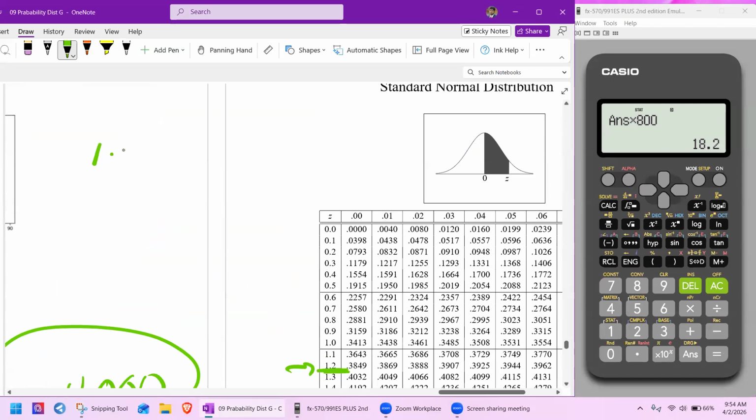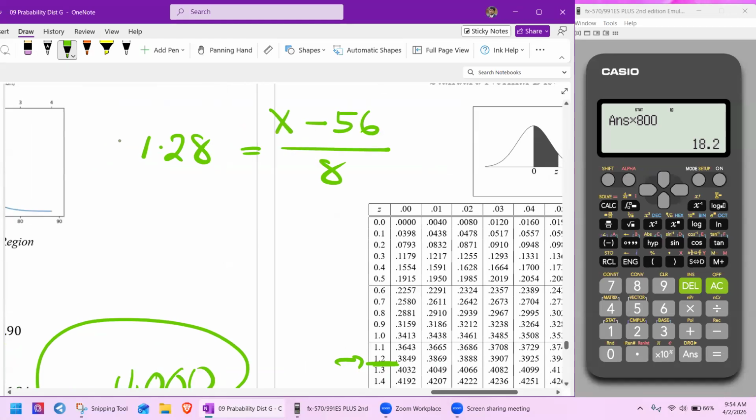Now we apply this. Z equals 1.28, we don't know the marks x actually, minus the average, which is 56, and standard deviation 8. So this is plus, we know, right side.